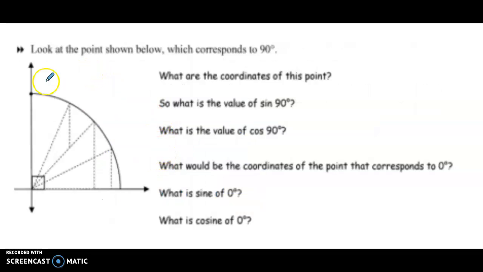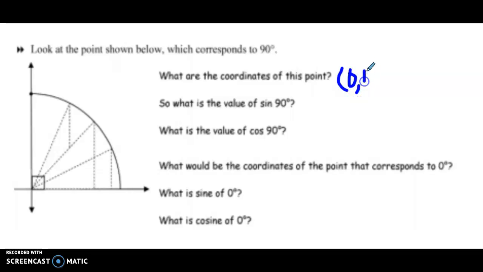For this last part, we're going to look at the whole positive coordinate right here. So look at the point shown below, which corresponds to 90 degrees. We're looking at this point right here, 90 degrees. What are the coordinates of that point? Now again, throughout this whole thing, if you want to pause the video and think about it for a second, you probably should do that because it will make more sense to you if you can understand that.